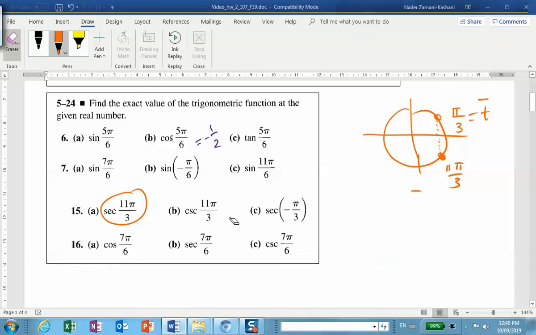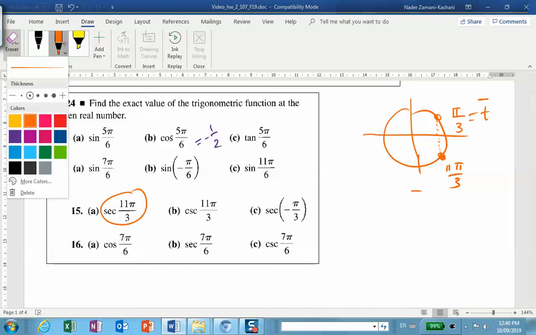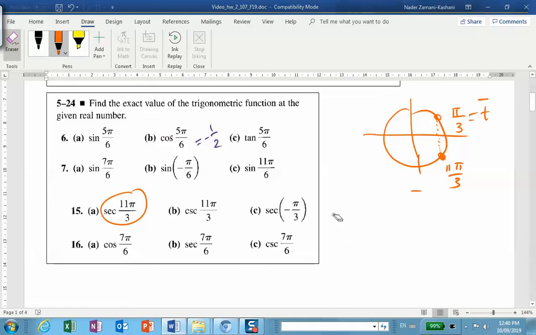Okay. You want to know what is the cosecant of it. The cosecant, first of all, you have to know what it means. Cosecant of 11 pi over 3, or cosecant of any angle, is 1 over sine of 11 pi over 3. And because the reference number is pi over 3, it's going to be 1 over. Now notice that as far as 11 pi over 3 and pi over 3, the algebraic signs are different.